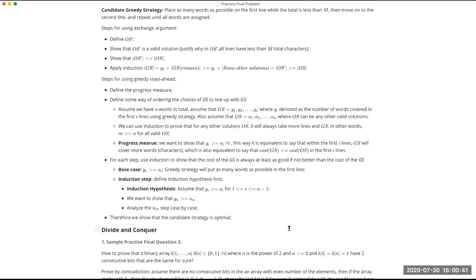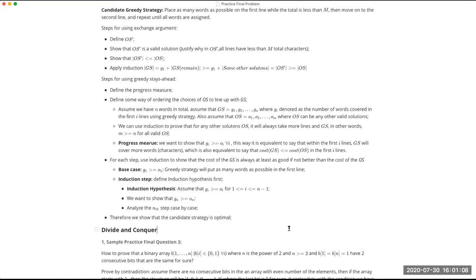So G1 will be larger than O1, since the definition is G1 is how many words the first line can cover using the greedy strategy, right? Since by our greedy strategy, we'll put as many words as possible, G1 is definitely larger than O1.